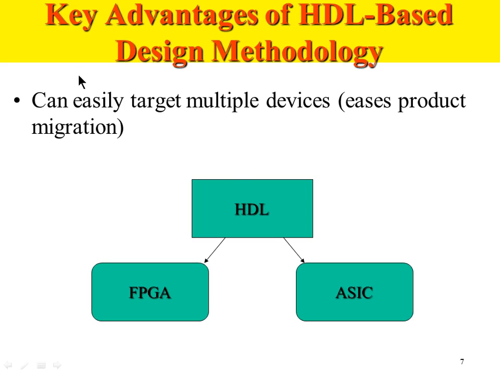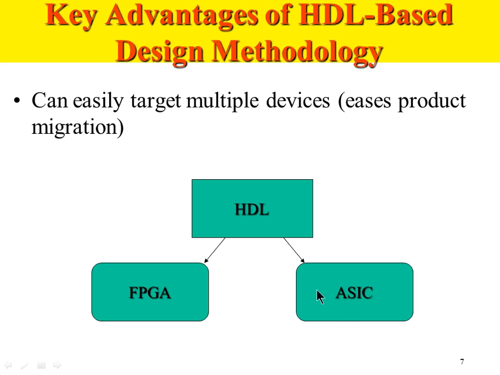We can target multiple devices, which is called product migration. So the same Verilog code that I designed today, let's say I am developing on an FPGA. I can use this FPGA to develop a prototype of my product. Once the prototype works correctly as per the requirements, later on, if I'm going to sell my product in very high volumes, a few million devices, then it is financially more sound to convert that FPGA to an ASIC device.